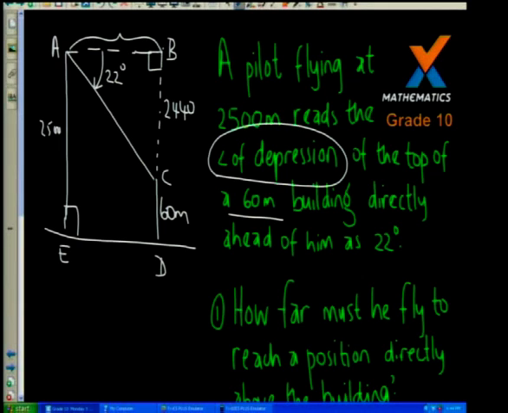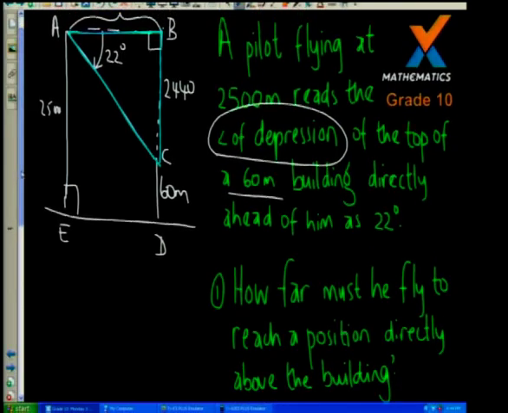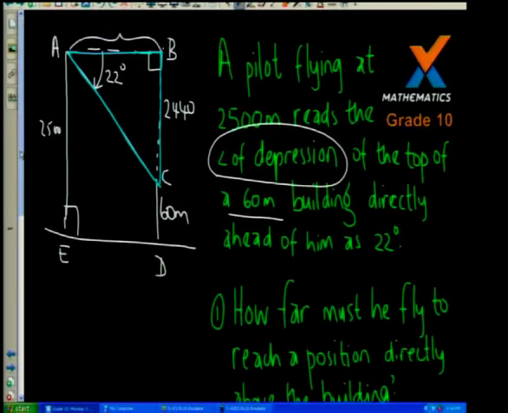So now this becomes quite interesting, because we now have this right-angled triangle over here, and we would like to find, if we position ourselves at this angle 22, that's my adjacent and that's my opposite, because this is my hypotenuse.